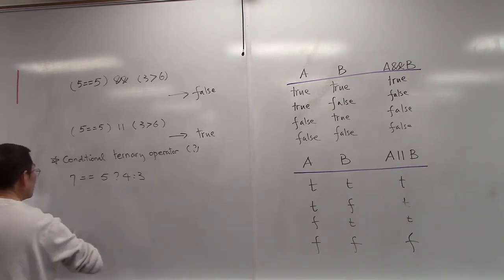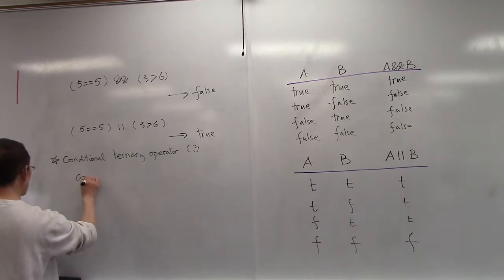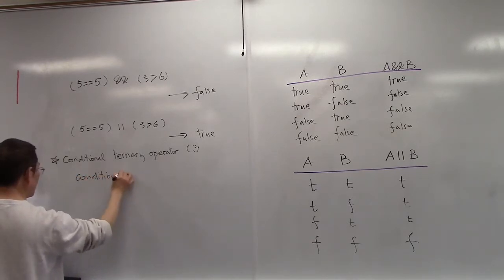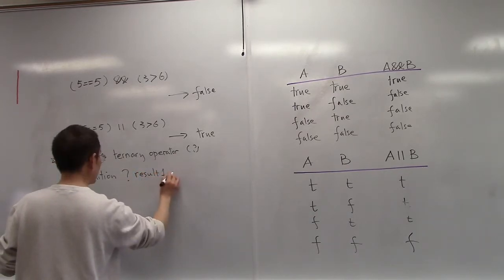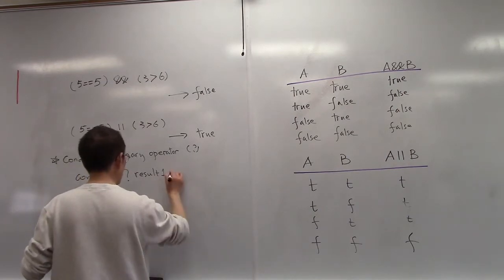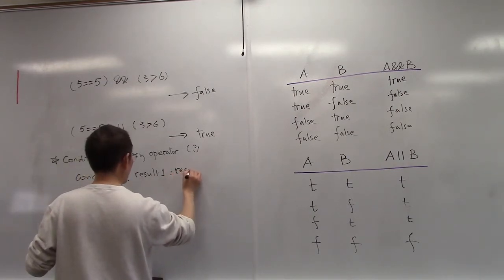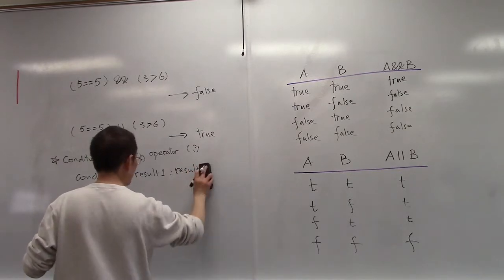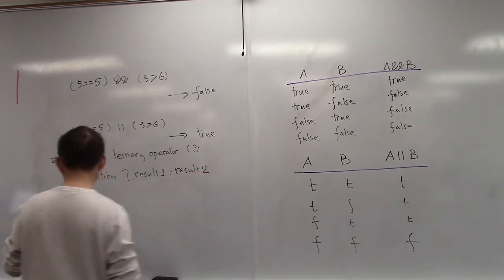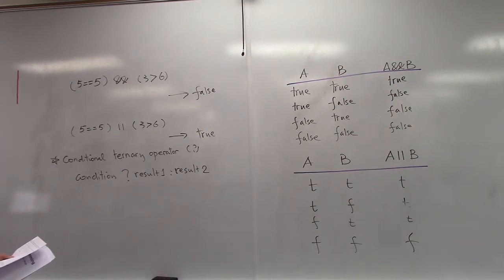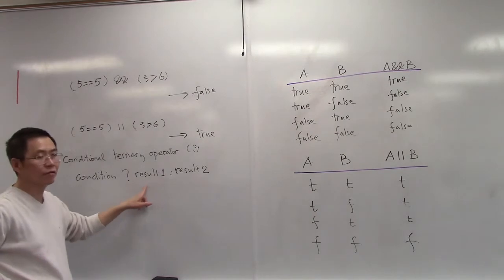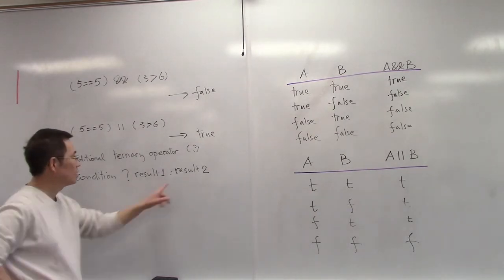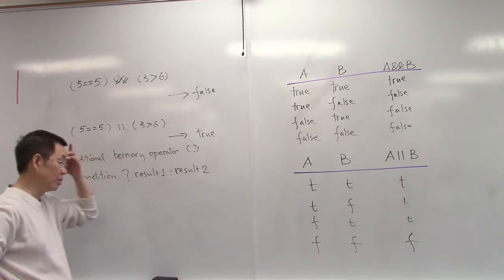Well, it's actually this: first condition, question mark, result 1, and then colon, result 2. Okay, what it means: check the condition. If it's true, take the value of result 1. If it's false, take the value of result 2. Okay?